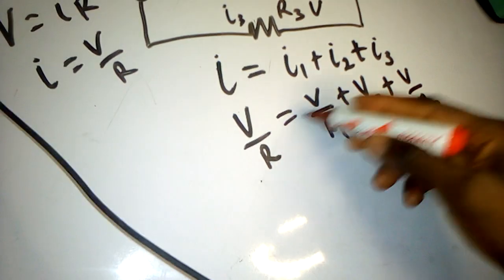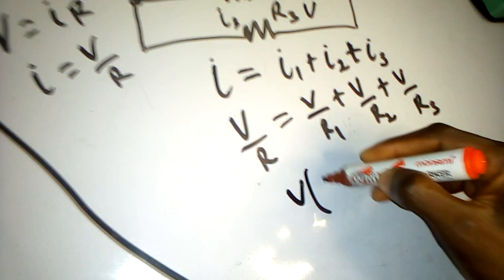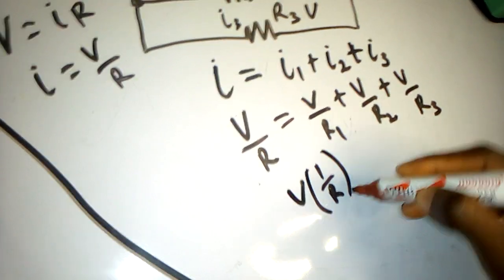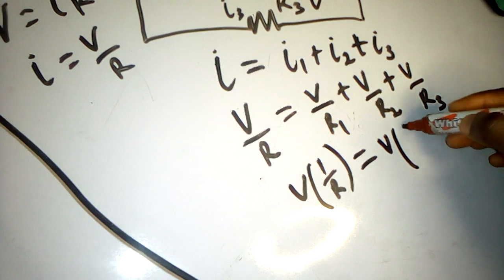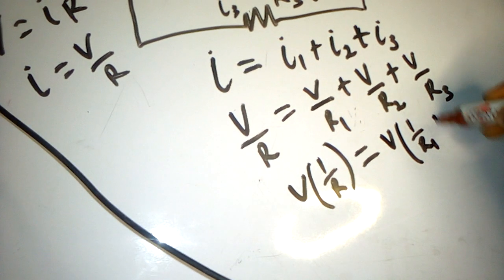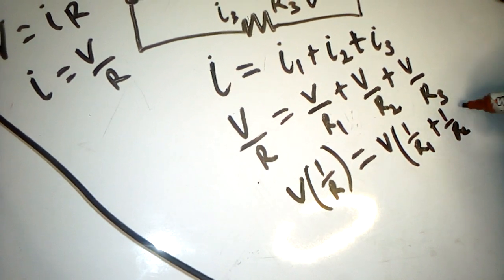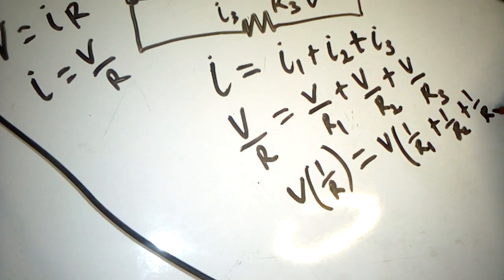By the time you factorize this, you have V over R, that is the total resistance in the circuit, equals V into 1 over R1 plus 1 over R2 plus 1 over R3.